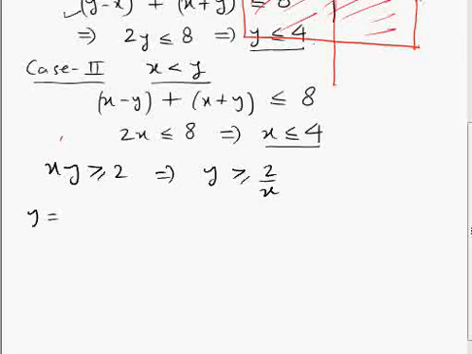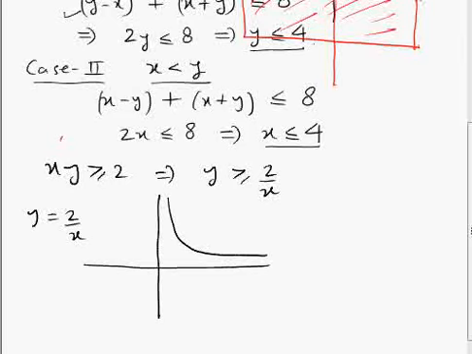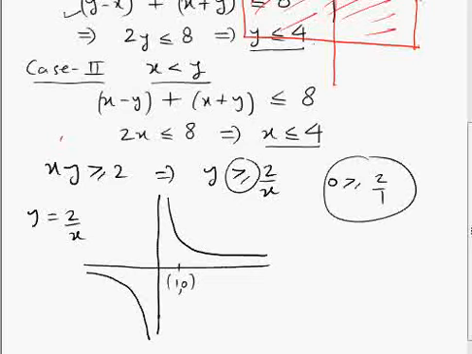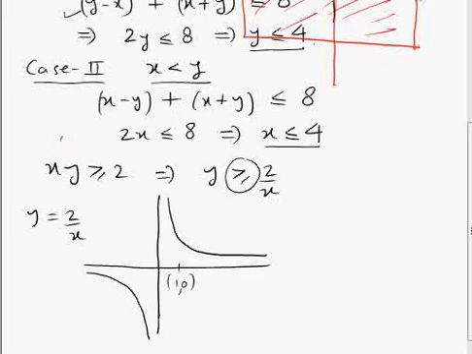We know y equals 2 by x is a graph like this, an odd function, so it is symmetrical about the origin. Now when we have the inequality y greater than, we can take a point here, (1, 0). (1, 0) does not satisfy this inequality. When we replace x equal to 1 and y equal to 0, it doesn't satisfy this inequality. So the region below this curve doesn't satisfy this. So the greater sign means outside this, and similarly on this side, outside this.